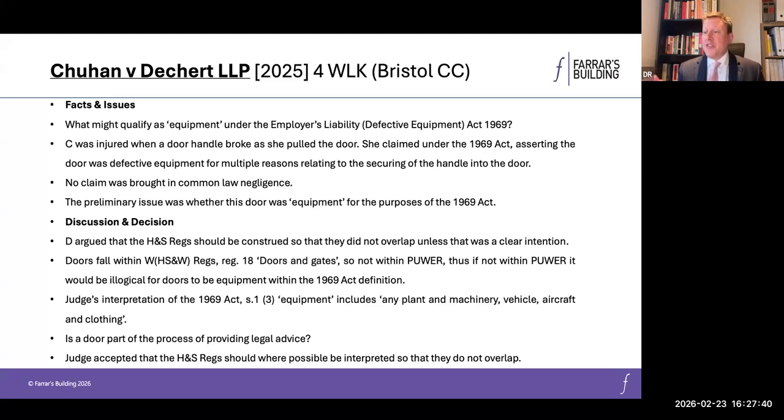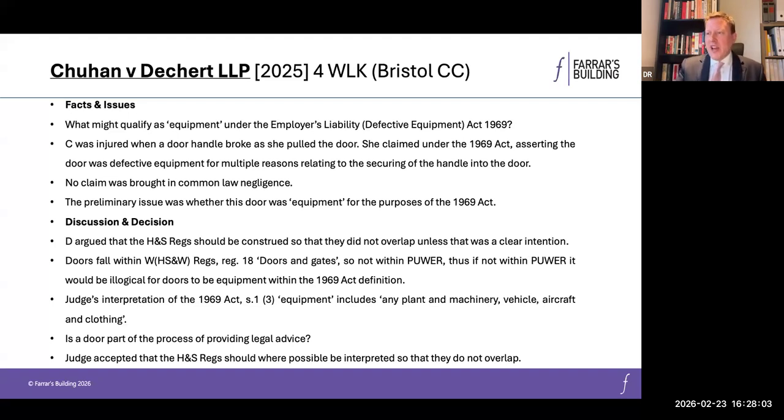So the defendant argued that that must mean that doors don't fall within the Provision and Use of Work Equipment Regulations, PUWER. Thus, if a faulty door can't be within the jurisdiction of PUWER, it would be illogical and wrong for doors to fall within the 1969 Defective Equipment Act definition.